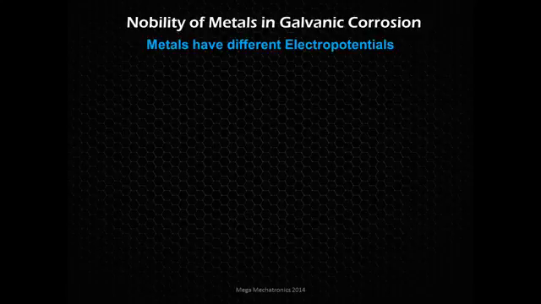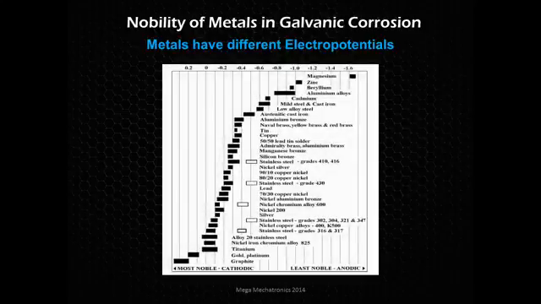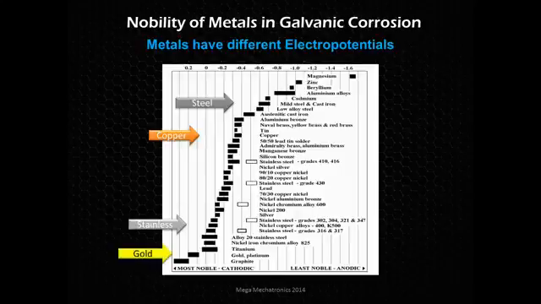So now we're going to look at the nobility of metals in galvanic corrosion, which is a subset of corrosion. This is where metals have different electropotentials. So this chart here is showing the difference in electropotential. At the top you see those numbers, negative 1.6 to 0.2, and magnesium and zinc at the very top. And we have some mild steel here, cast iron, copper, stainless steel moving down, and gold is near the bottom there.